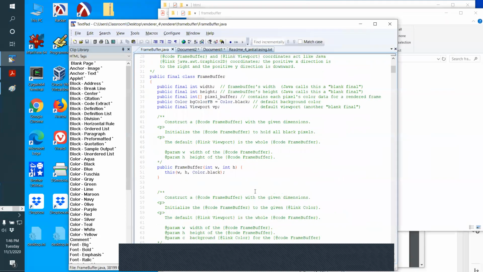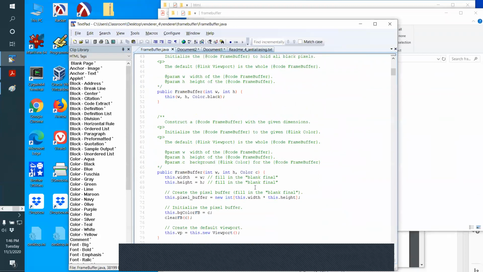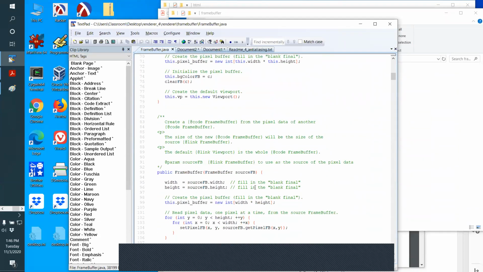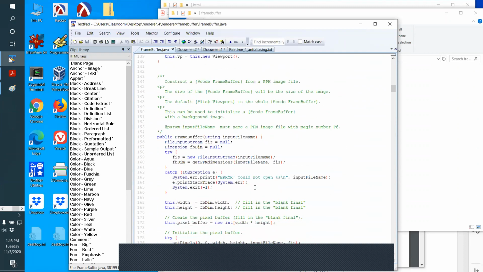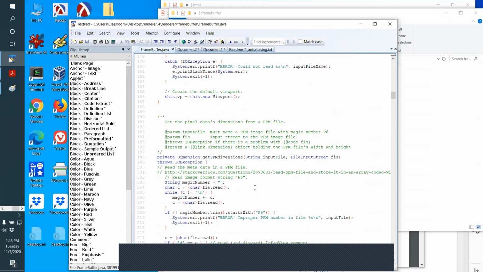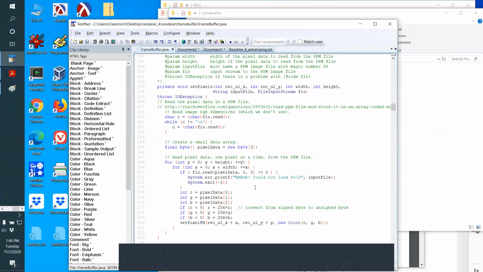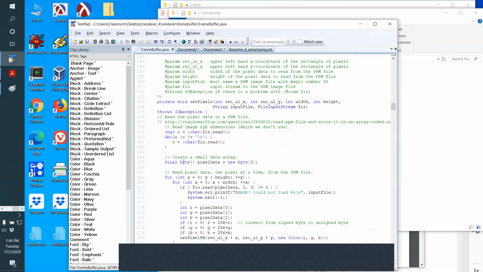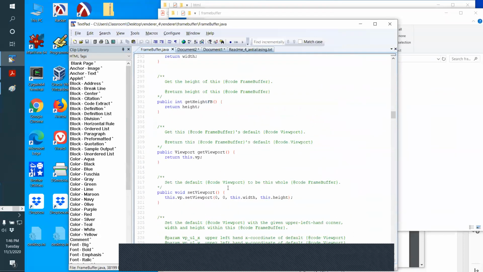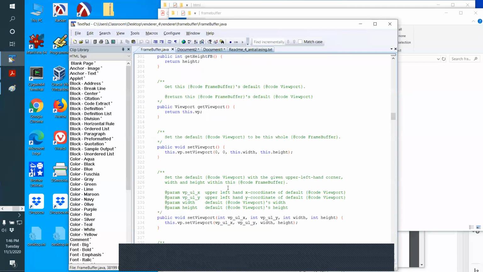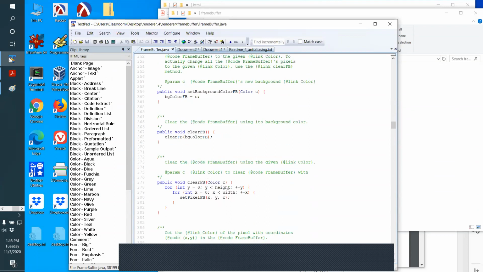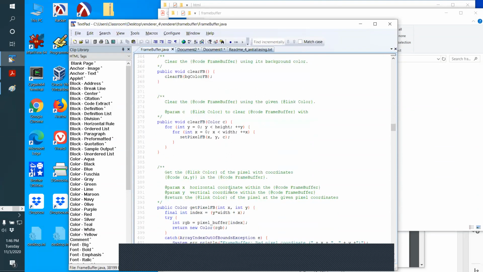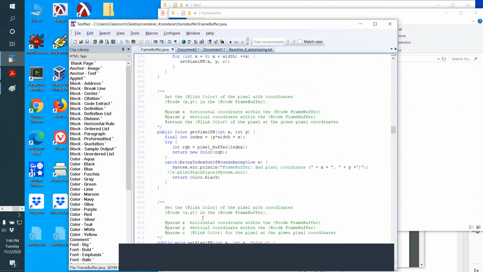You know the old saying, read the source. Let me look up get pixel. Oh, here it is. Yeah, Y is height.